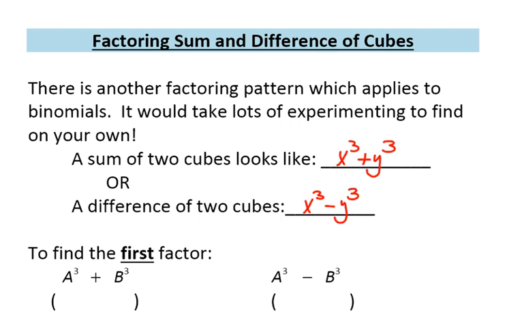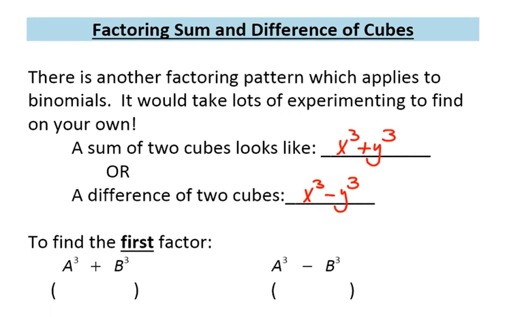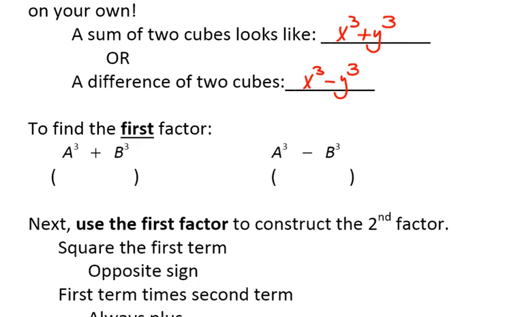So unlike with squares, where we could only factor the difference of squares and the sum of squares was prime, here I can factor both a sum and a difference. To find the first factor, if I have a cubed plus b cubed, I'm going to take the cube root: whatever's raised to the third power is going to be the first term in the first parentheses.